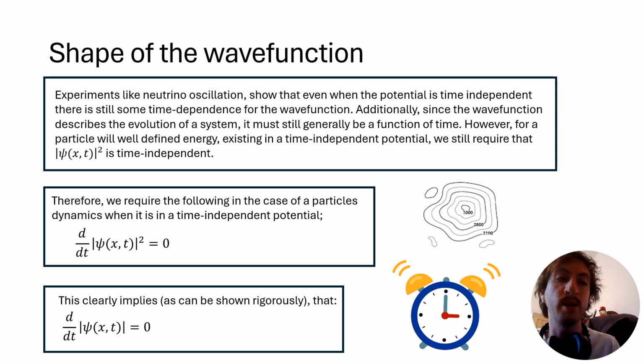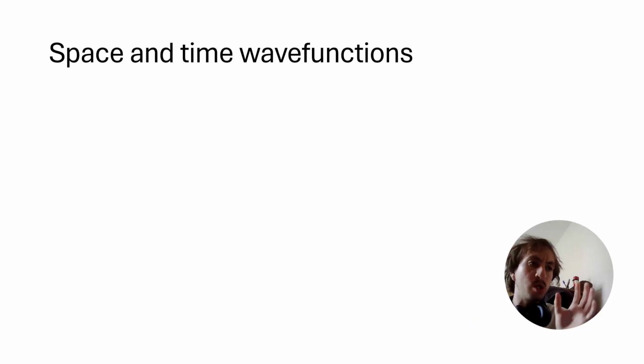Because however psi of x, t evolves, the magnitude of psi of x, t has to be a constant with respect to time anyway. So we now have two very important conditions for our wave function, at least the wave function of the particles we're interested in for this video. One condition is that the shape of the wave function of our particle is time independent.